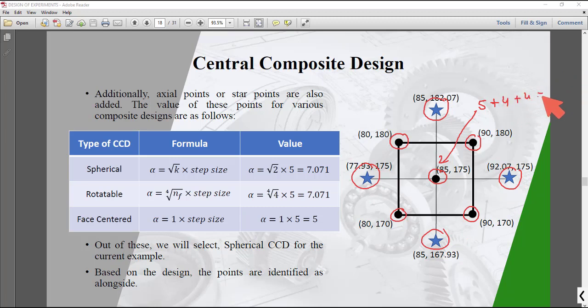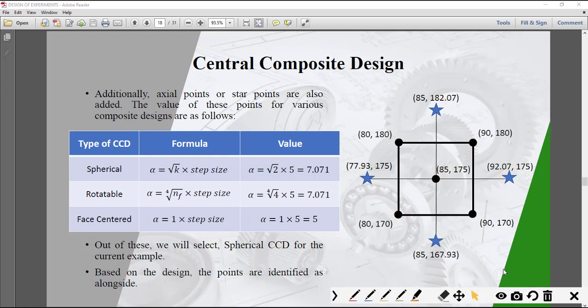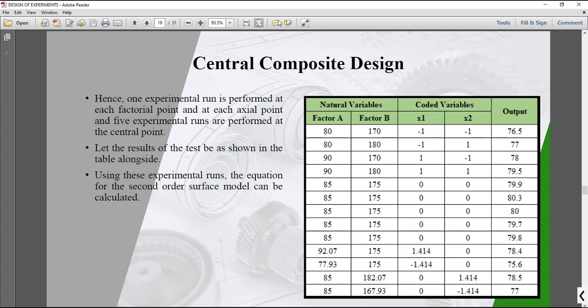So the total number of experimental runs is 13. Now after doing all these 13 experimental runs, we are going to get the values of output also, right? We will change the factors, perform the experiment and get the value of the output, right? That table I have drawn over here.